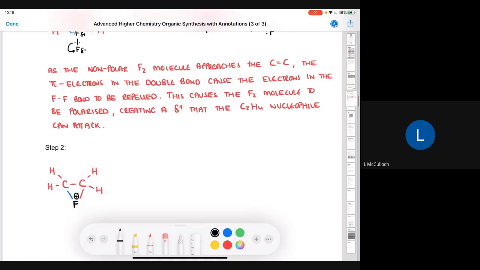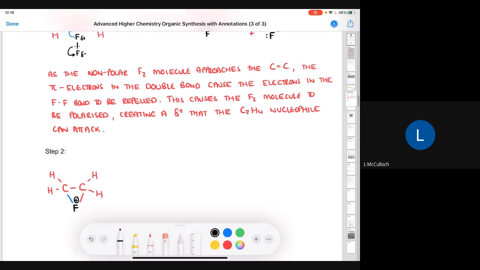Right, so what will then happen is the negatively charged fluoride ion that we created in the first step is then able to attack this molecule. Now I'll show you what happens in the attack. So the key thing is that fluorine ion attacks the molecule from the back, okay?